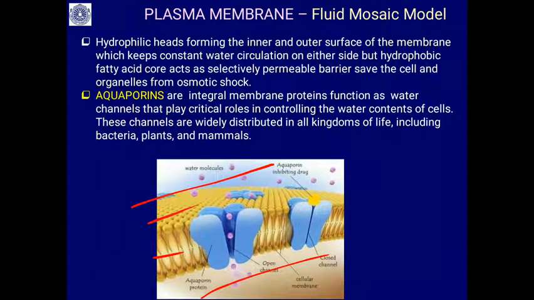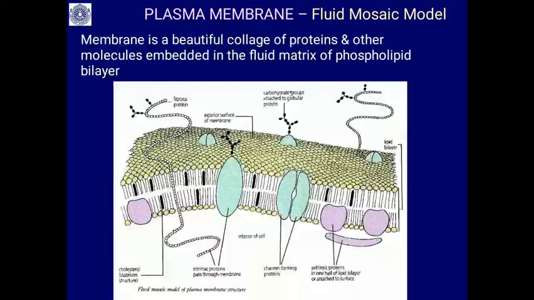So, the water molecules cannot enter freely here, they can enter through aquaporins. These are a kind of membrane proteins that function as water channels and play a critical role in controlling the movement of water across the cell. These channels are widely distributed in all kingdoms of life, including bacteria, plants and mammals.